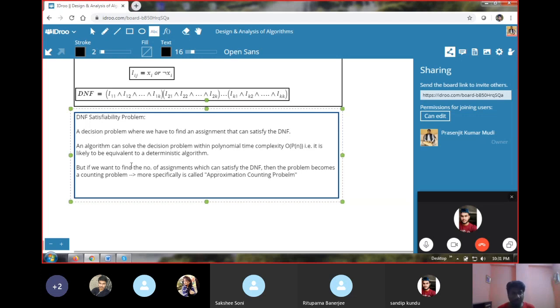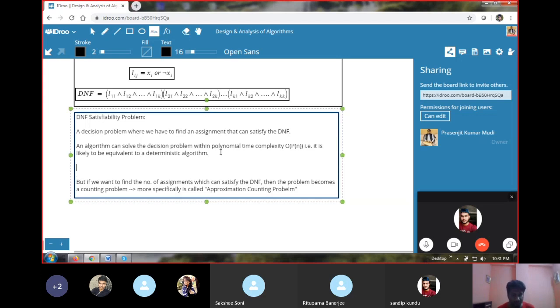If it is equivalent to a deterministic algorithm, then this algorithm can be called simply a P problem. So this is the first time we are introducing a P class problem.